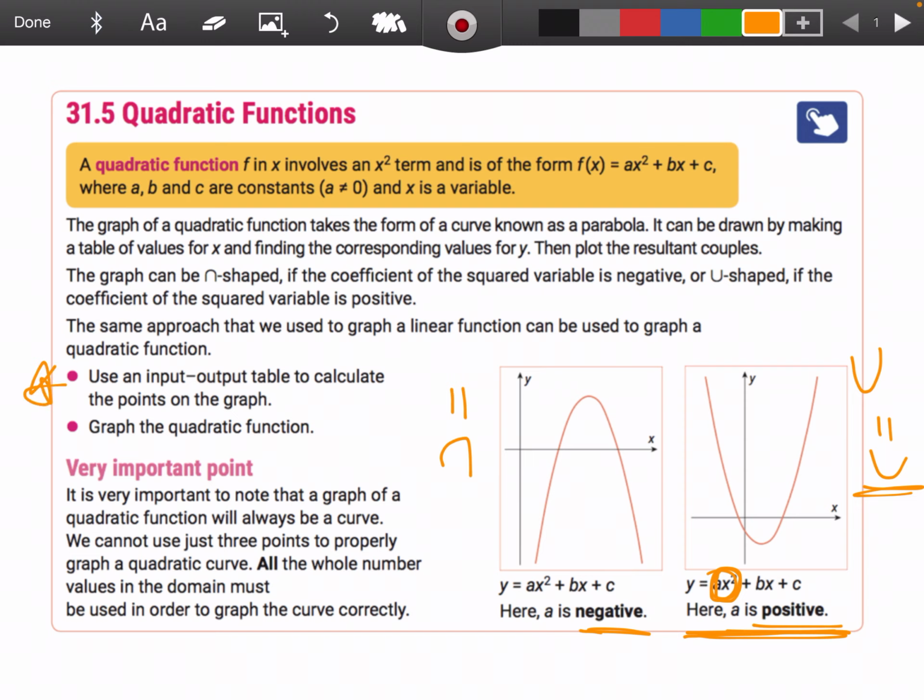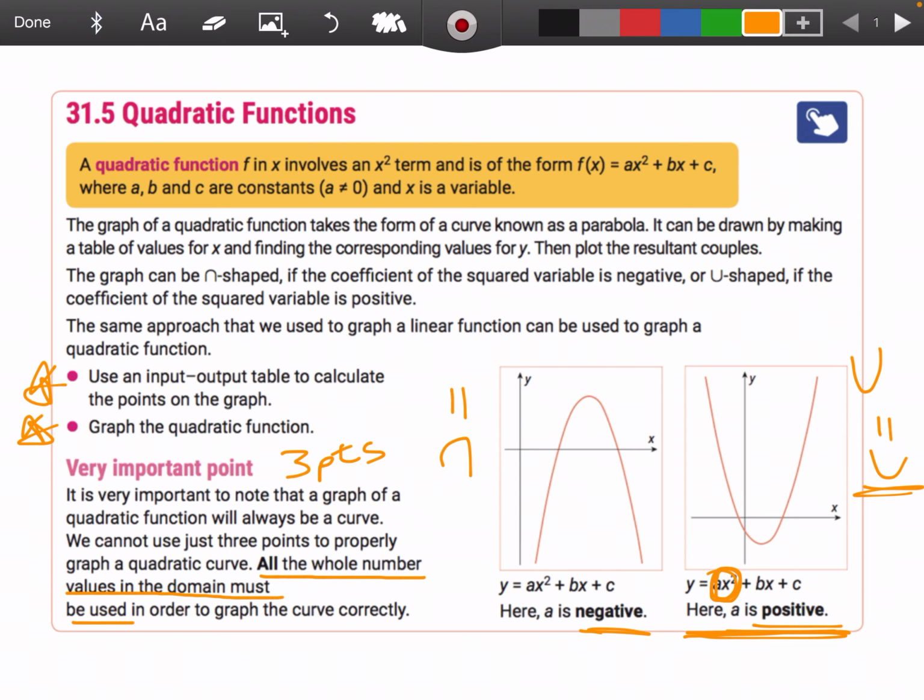Input-output table, plot your points, graph your quadratic equation. The only difference here, remember we discussed with a linear function, we talked about 3 points would suffice. In this case, all of the whole number values in the domain must be used.